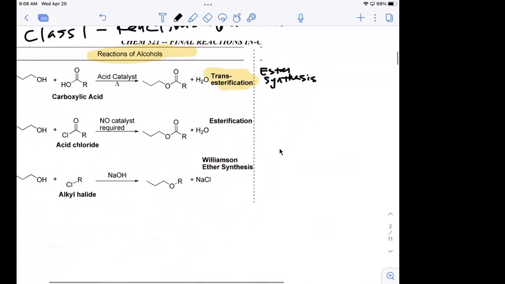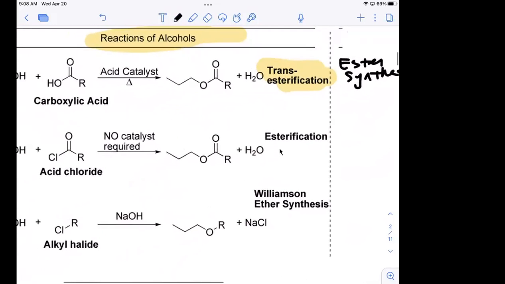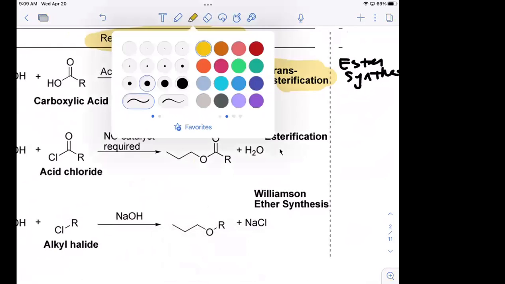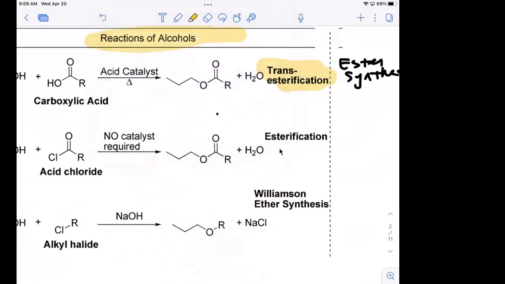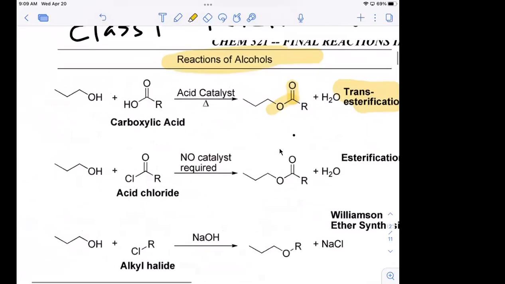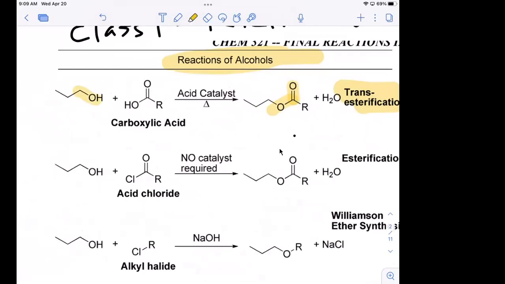And again, a lot of this is going to be predicated on your knowledge of functional groups, which should carry over from part one, right? So we talked about all the different types of functional groups. So here you're trying to make an ester, and what you start out with is an alcohol and a carboxylic acid, right? So those two things together in the presence of an acid catalyst with heat, right?